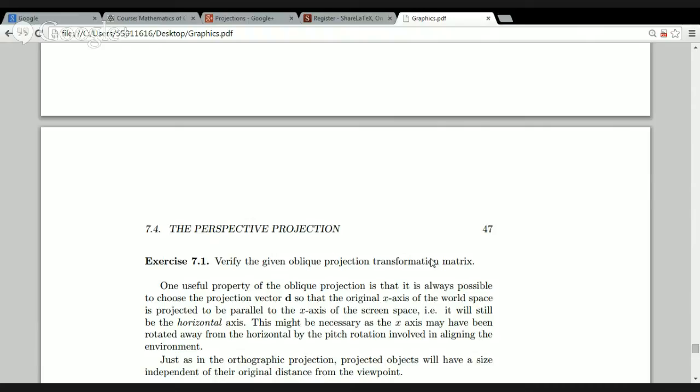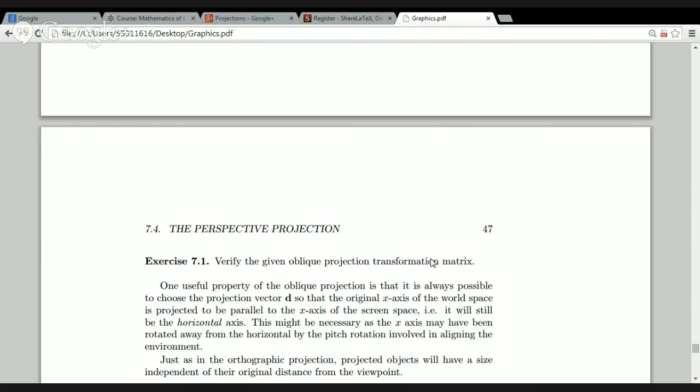So, as we said, one advantage of this is that you can choose the projection direction vector d so that it projects the original x-axis of the world space onto the x-axis of the screen space.